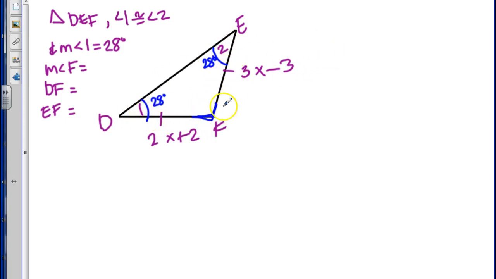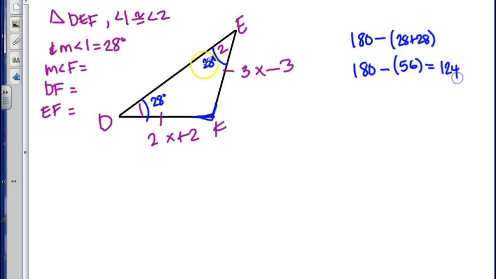The measure of angle F, or DFE, is 180 minus the sum of these two angles. So minus 28 plus 28. So I'll do the parentheses first. 28 plus 28 is 56. So 180 minus 56 is 124 degrees. So the measure of angle F is 124 degrees.